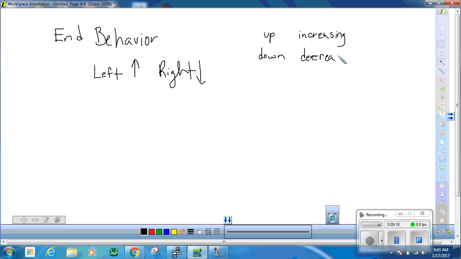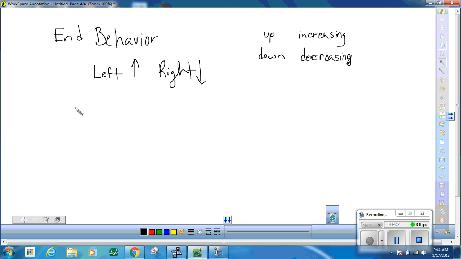But one of the things we're also working on this year is getting that formal notation. So I also want to show you what that would look like with all of our infinities and stuff like that. If you recall, we use negative infinity for the left and positive infinity for the right. We use negative infinity for down, and we use positive infinity for up.